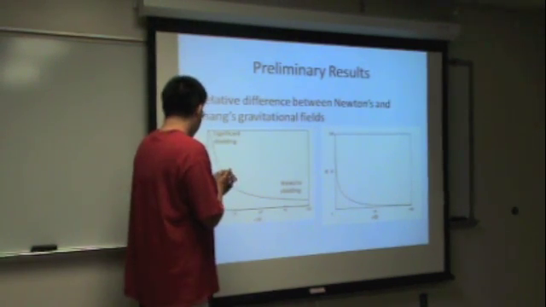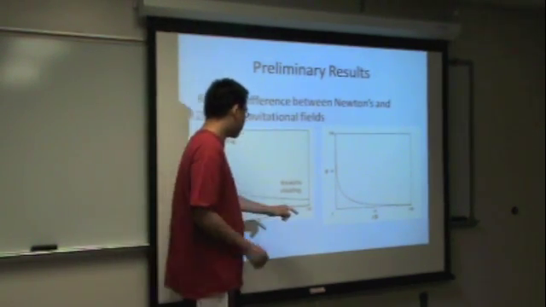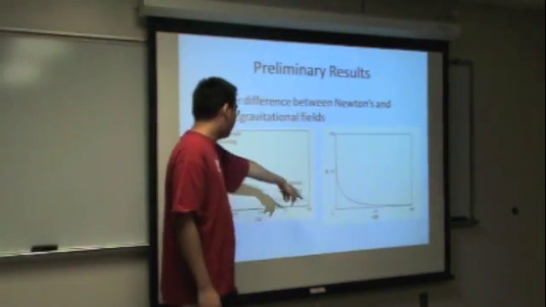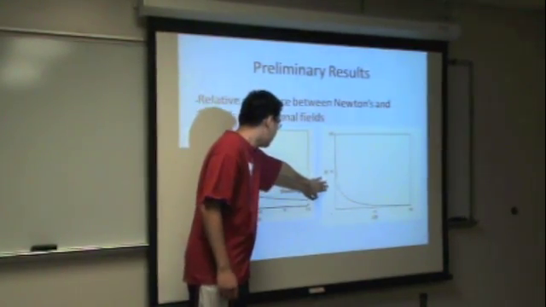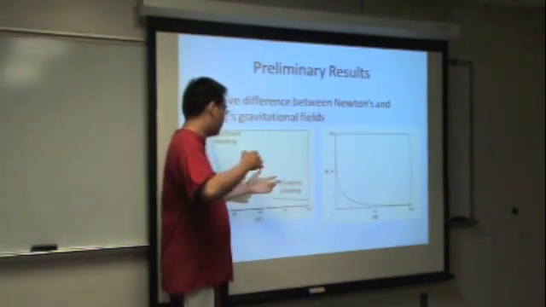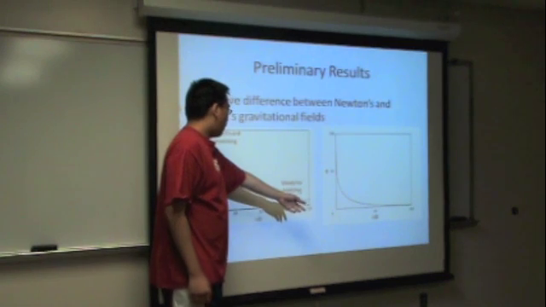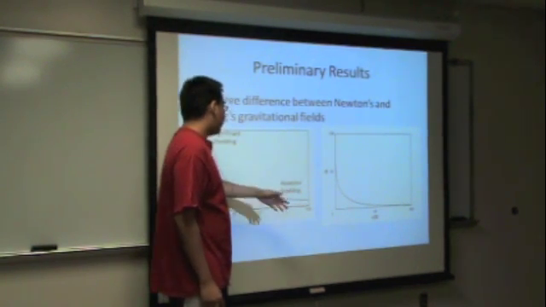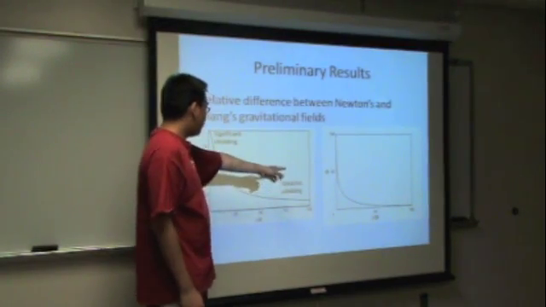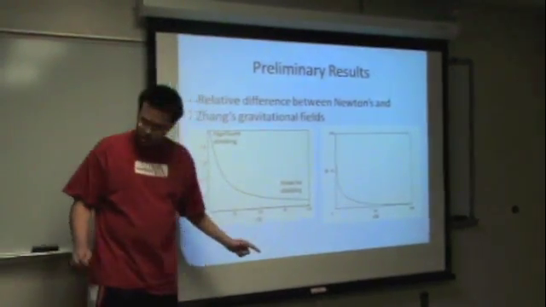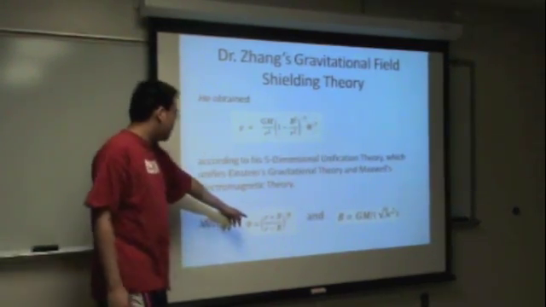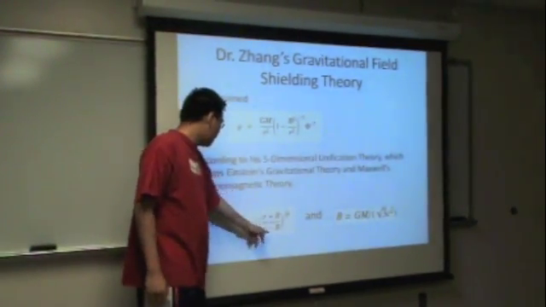How we did that was, for this graph, we compared phi versus R over B. Phi is the scalar field. If R tends to B, then phi is incredibly big, which you can see from this.